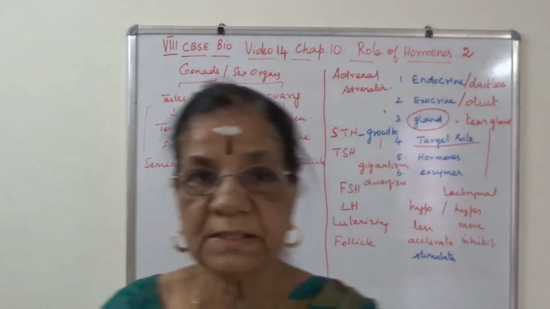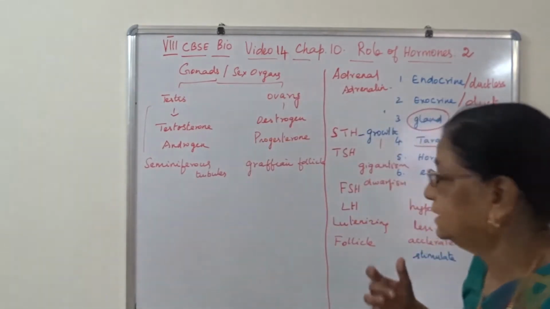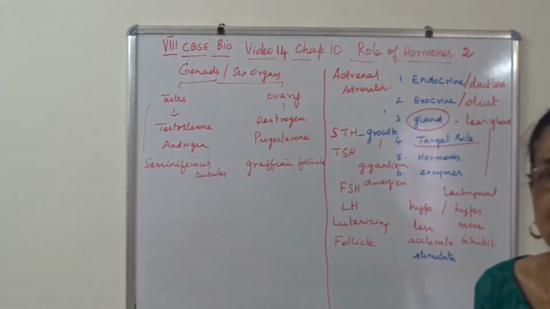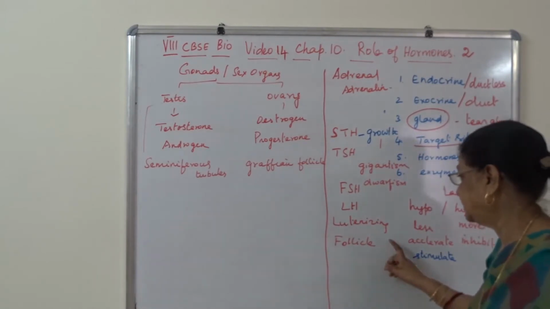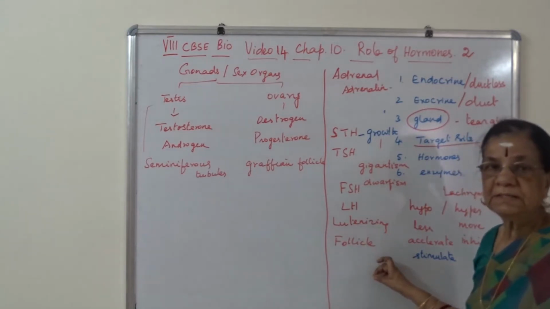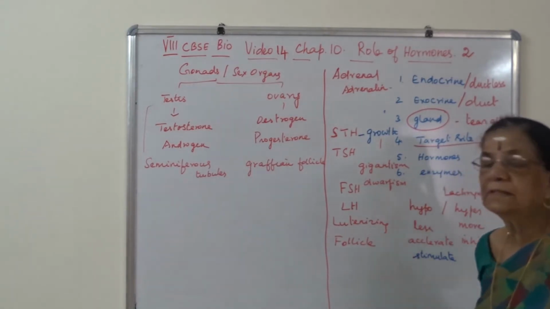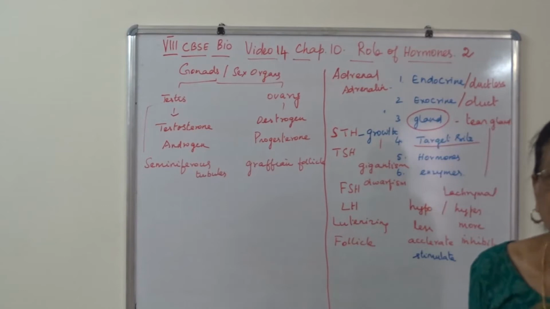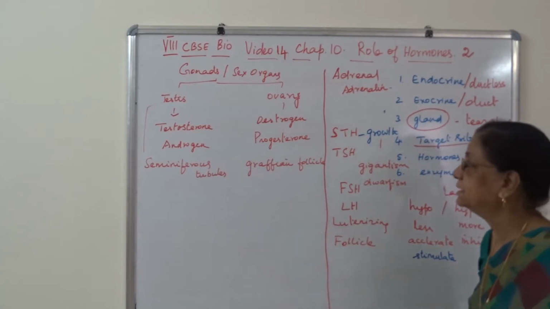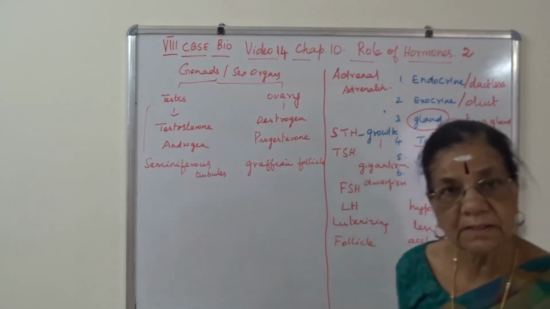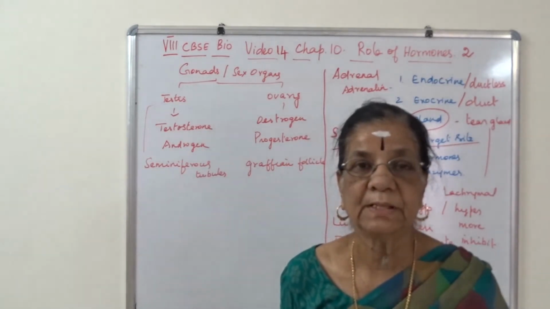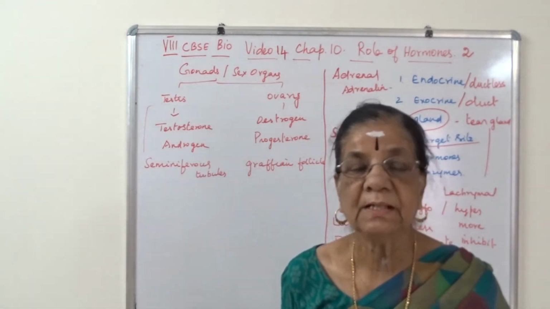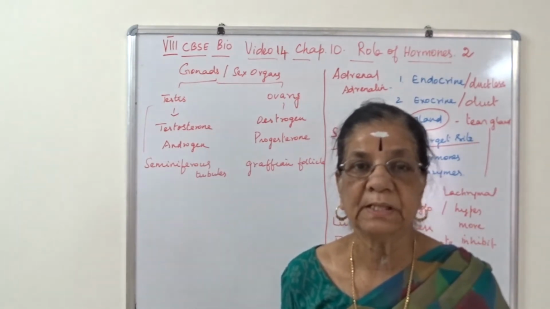I hope you recollect. So the secretion of these seminiferous tubules and Graafian follicle in female is stimulated by follicle stimulating hormone and luteinizing hormone, thereby secreting testosterone in male, estrogen in female.